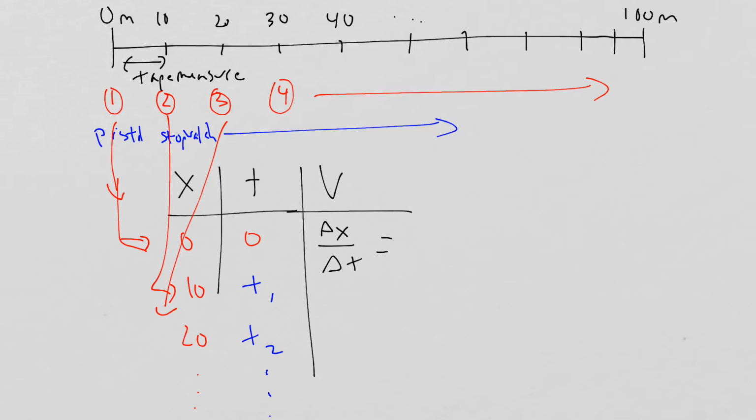So this would be 10 minus 0 over t1 minus 0, right? That would be the average velocity for the first time interval, and so on. So you could calculate that straight down, and then you could plot velocity versus time rather than position versus time.